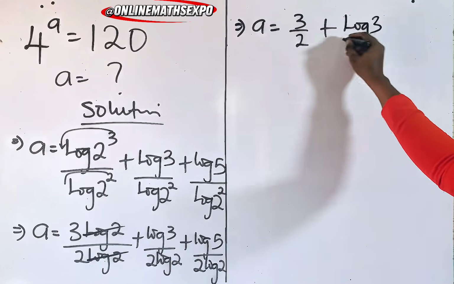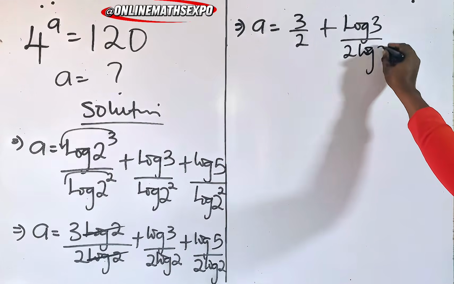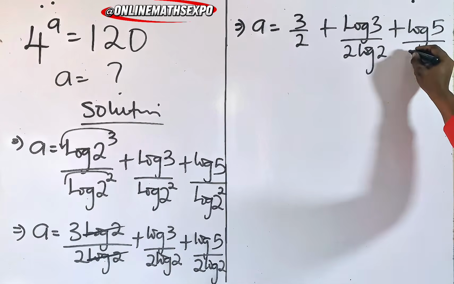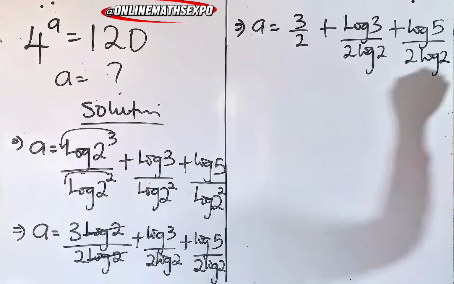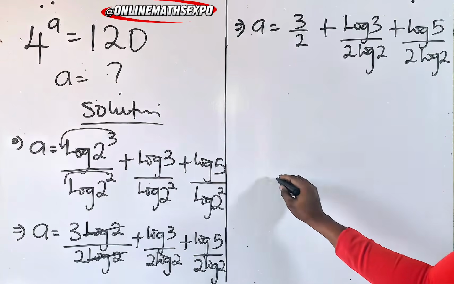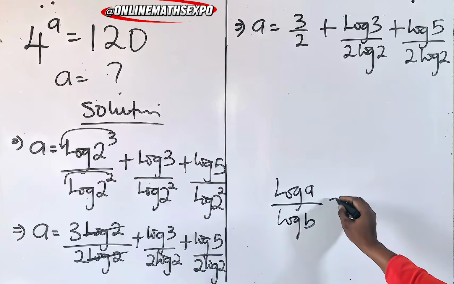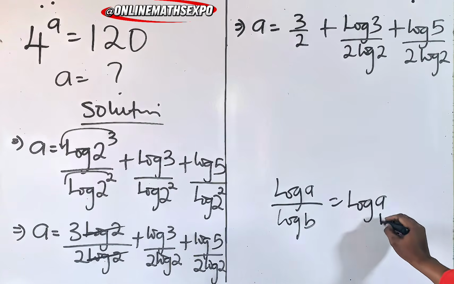So we still have log 3 divided by 2 log 2 plus log 5 divided by 2 log 2. Now at this point, remember, for every log of a divided by log of b, it's always log of a base b.